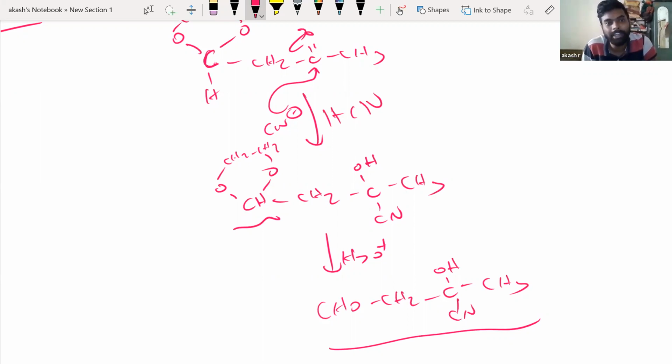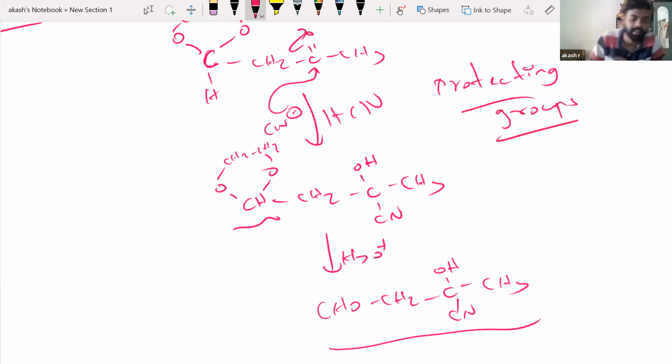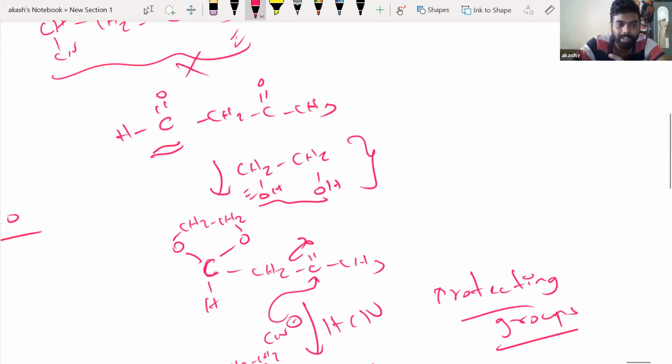Now, these kinds of things are what are called protecting groups. There are two functional groups in the molecule, but I want only one of the functional groups to react. I don't want the other one to react. So whichever I don't want to react, I protect it. Protect it means you convert that into something else.